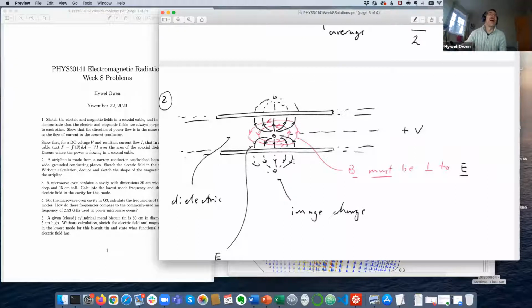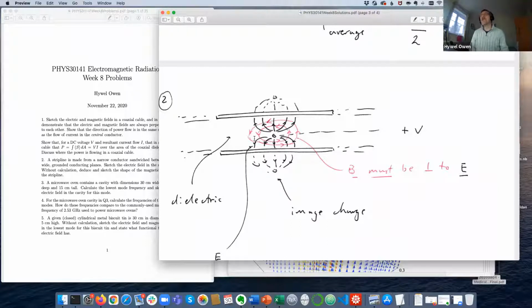So at any point where the magnetic field crosses these electric field lines, it must be perpendicular to them, and therefore I can draw that magnetic field shape.